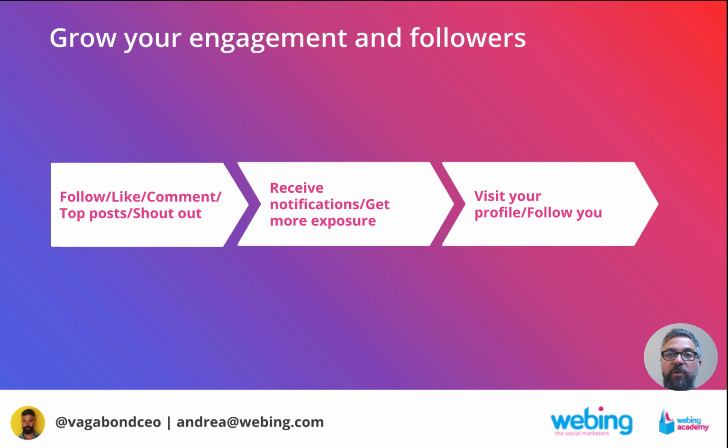On the second level, you want to use tactics and tricks or hacks, however you want to call them, to maximize the exposure of your posts. So what you want to do is to use hashtags, for example. This is a pretty common basic tactic. So you add your post, you add your caption, and you add your hashtags, up to 30 hashtags.